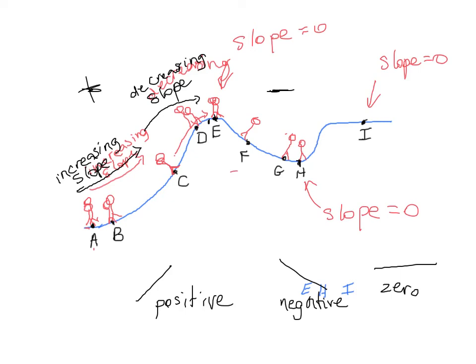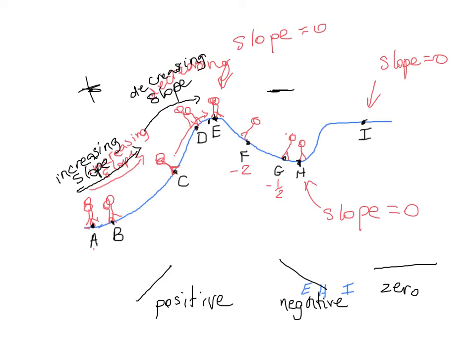At F it could be -2. At G maybe it's -0.5. And as you can see, from F going down to H, it's getting bigger because it's approaching 0. Those are just random guesses for the numbers themselves, but as we can tell, the slope is very negative here, and then it approaches 0, so it's increasing. So that's what we mean when we speak about increasing or decreasing slope.